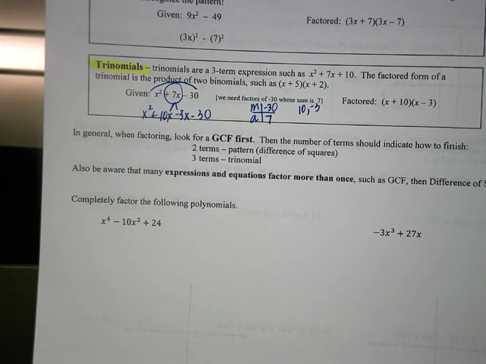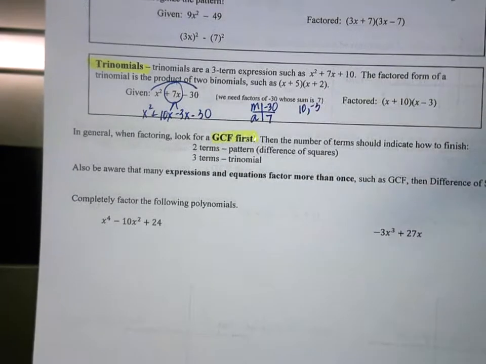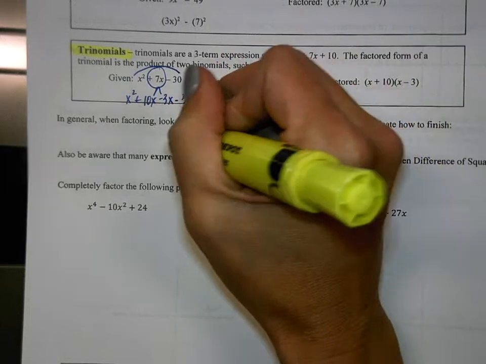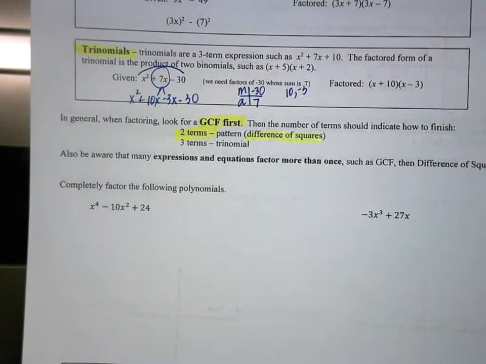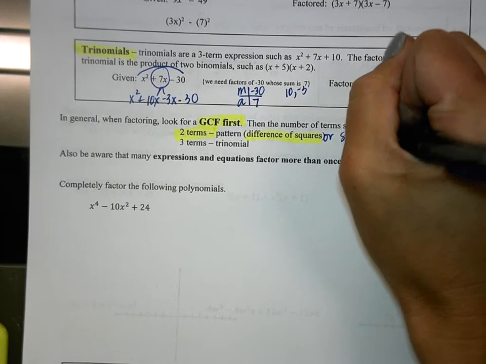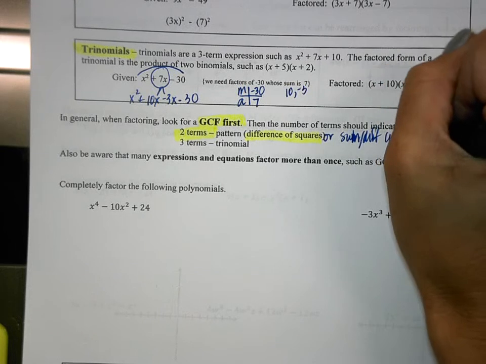So these first couple problems, we're just going to practice our factoring skills again. When we are factoring, always check for our GCF first. Okay, and then after that, if you have two terms, it's either probably going to be differences of squares or some differences of cubes.